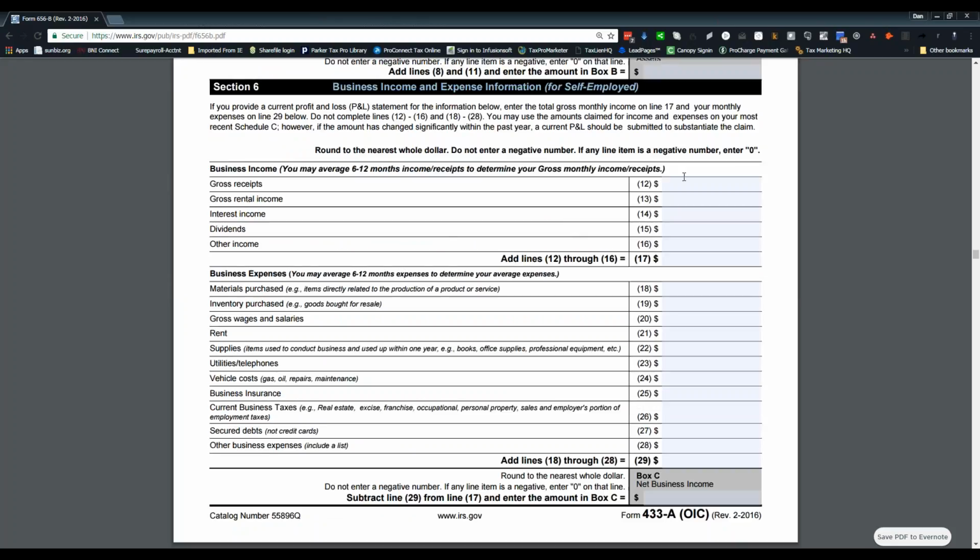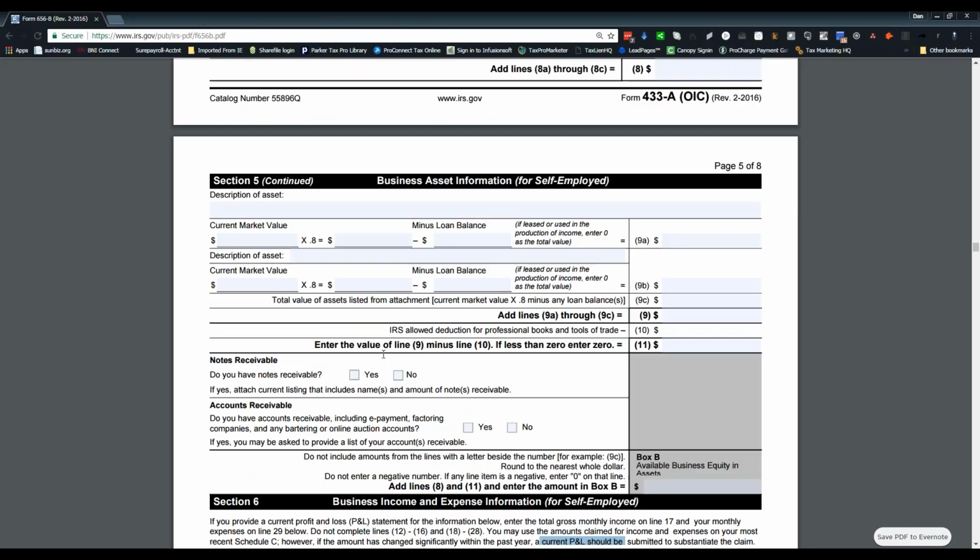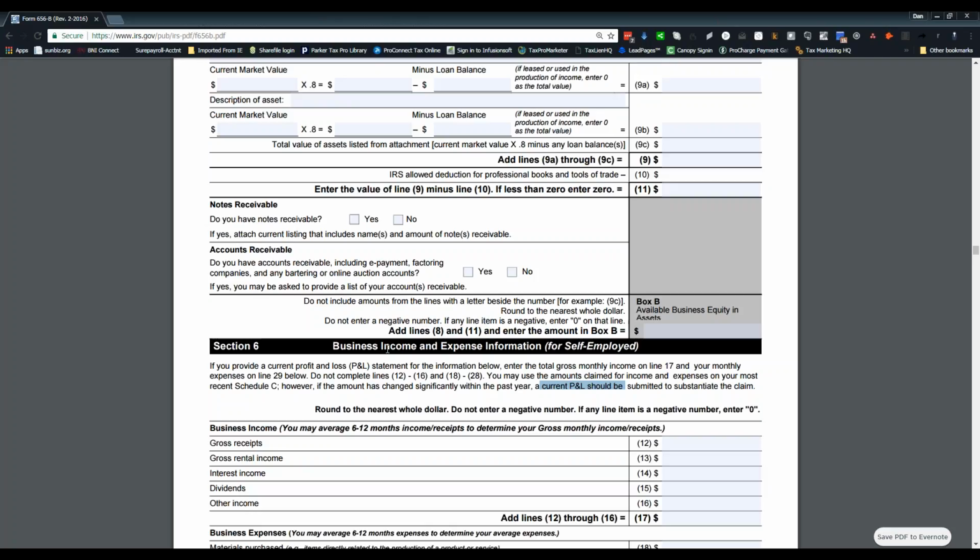So here, in summary, you might want to even potentially look at including a profit and loss, if necessary, include a balance sheet, fixed asset listing, and if you don't have any of those, then that's where you need to try and recreate those types of things.